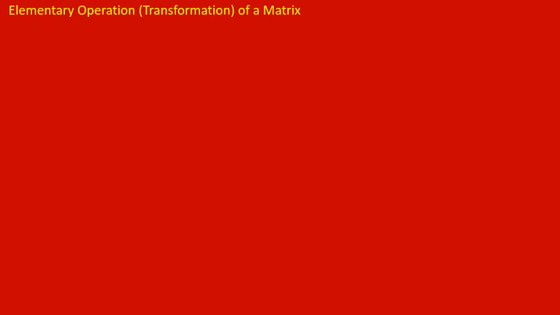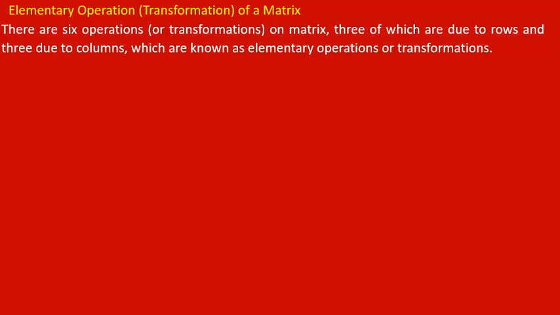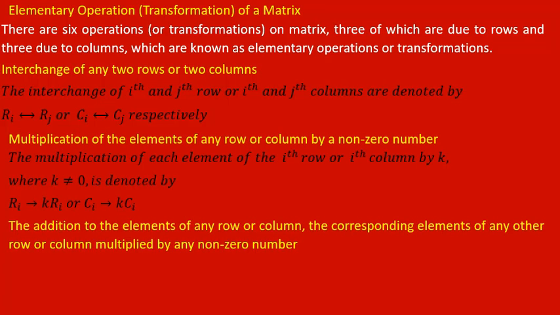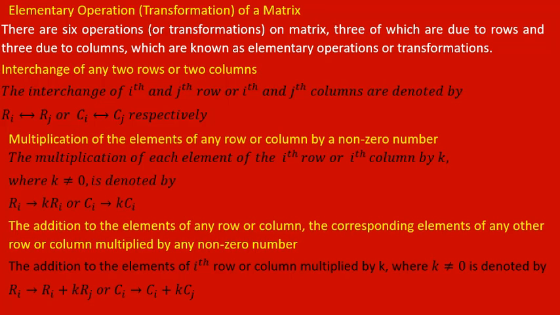Yes? Okay. Now the elementary operations we discussed in our last class, I have presented here for your reference. Go through these elementary operations that we can apply to make the matrix A a unit matrix.